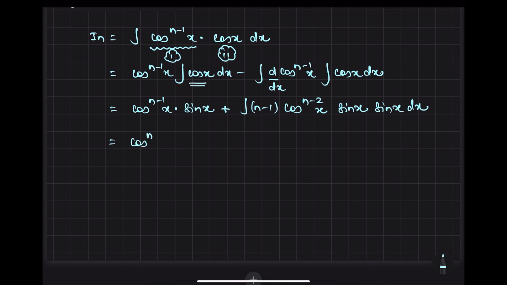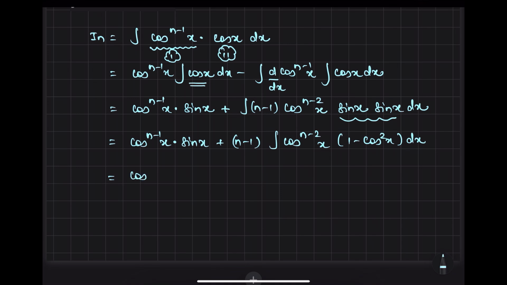So cos n minus 1 x sin x plus n minus 1 taken outside, integration of cos power n minus 2 x. Can I write this as sine square? And can I write sine square as 1 minus cos square x dx? Now rewrite everything.